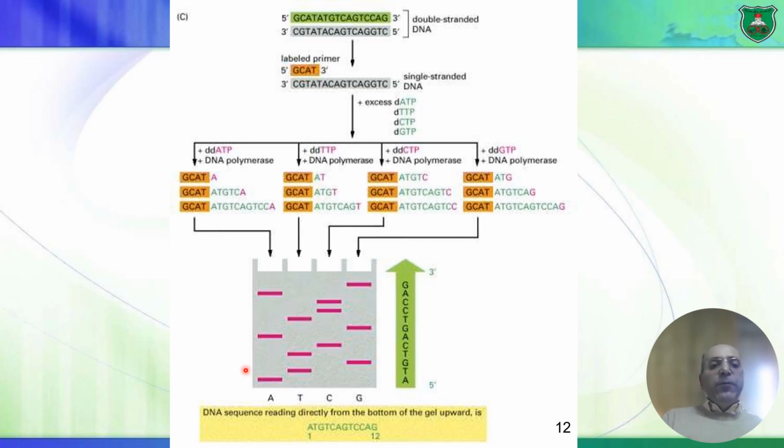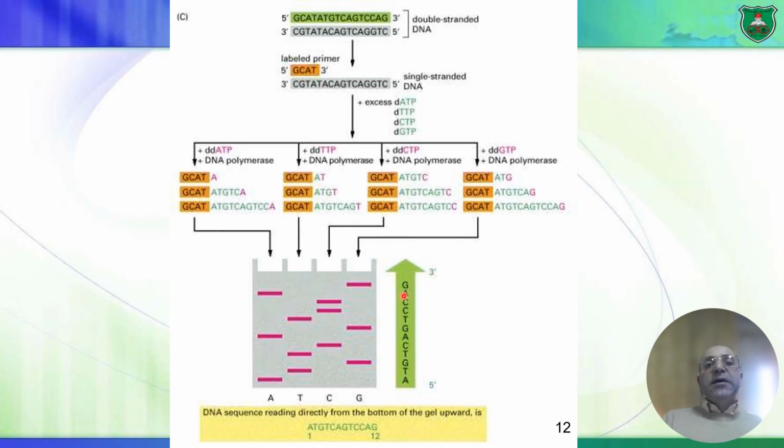So the 5' end starts right here. So we say that the sequence of the DNA that is synthesized is A, T, G, T, C, A, G, and so on. So here we have the 5' end, and here we have the 3' end of the newly synthesized DNA.